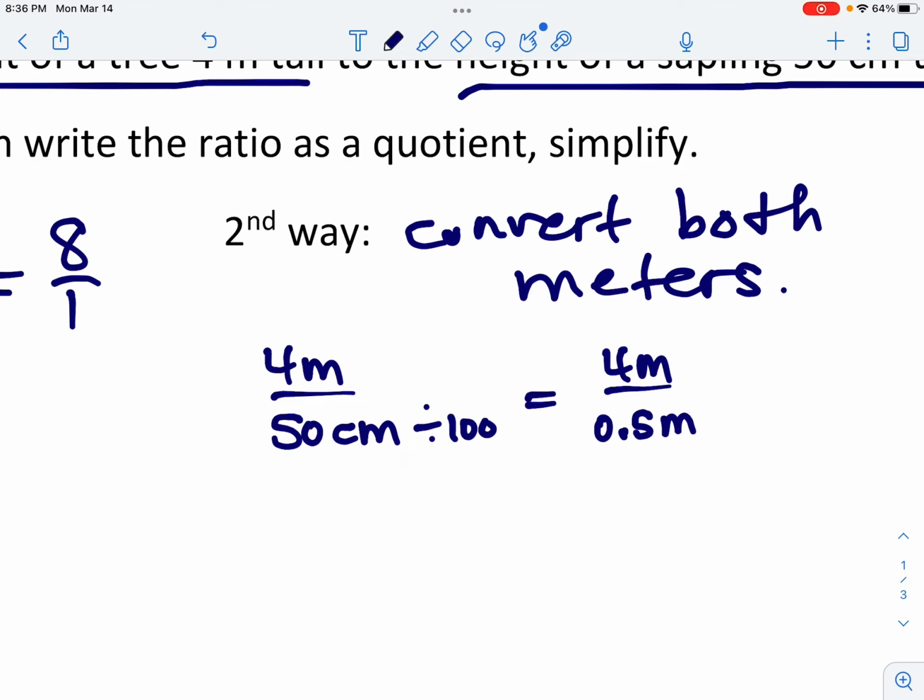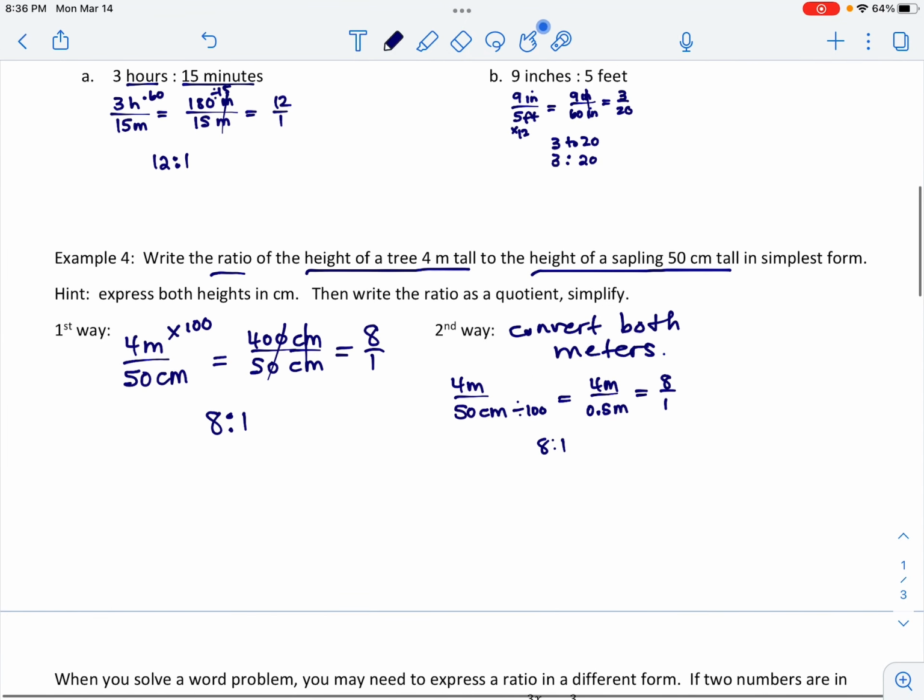And when I divide that out, 4 over 0.5 or 4 over a half, remember we can't divide fractions, so we multiply by the reciprocal, which would be 4 times 2, or you can put it in your calculator and you will get 8 over 1, the same as we got for converting it all to centimeters.